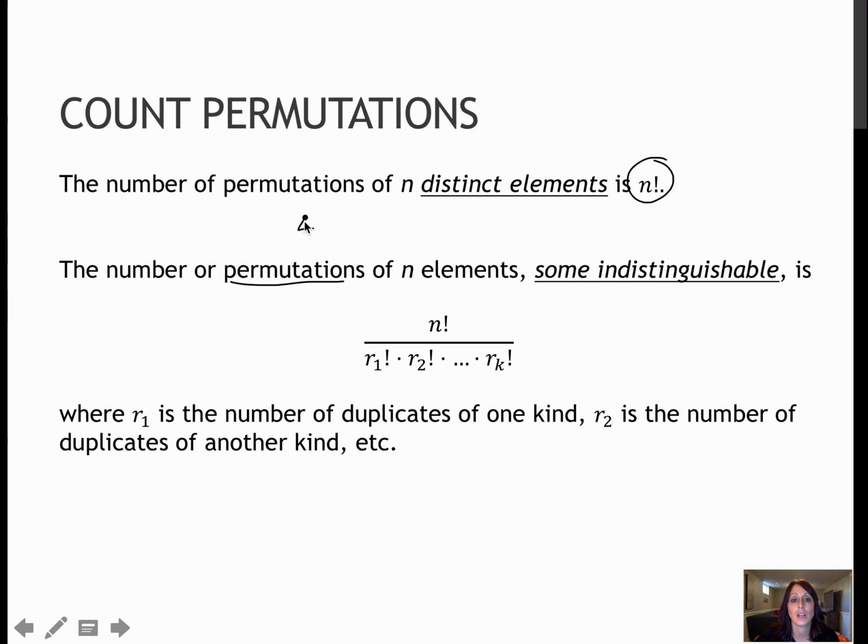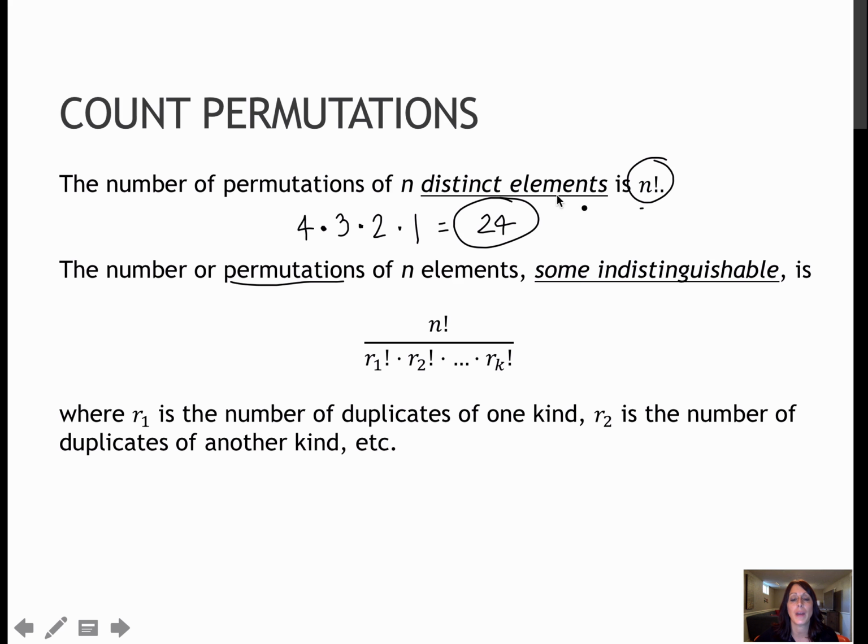And so that would be 4 choices for my first letter, 3 choices for my second letter, 2 choices for my third letter, and 1 choice for my last letter. We've talked about factorial, and factorial says start at whichever number I give you and multiply by every number down to 1, and that's exactly what I have here. So 4 times 3 times 2 times 1 gives me 24 total options.